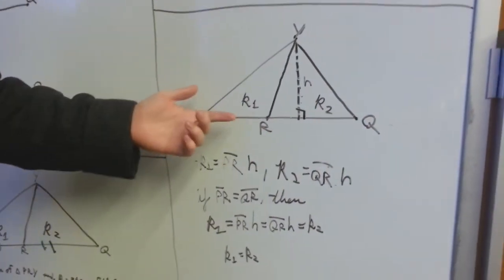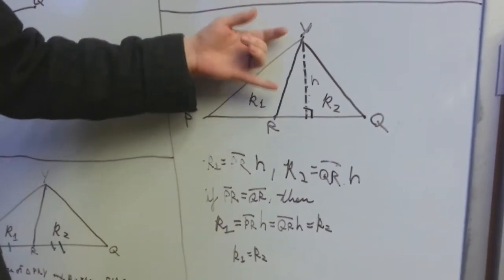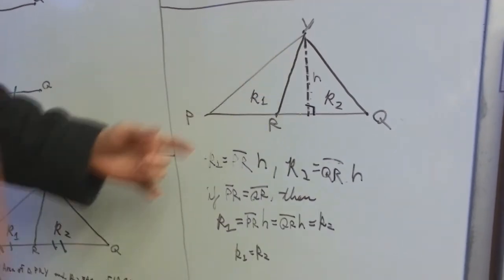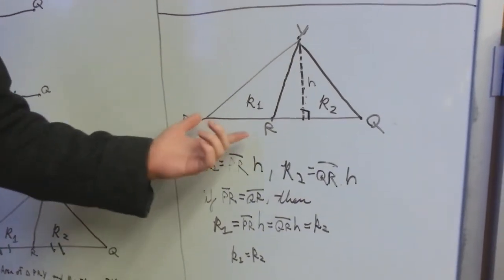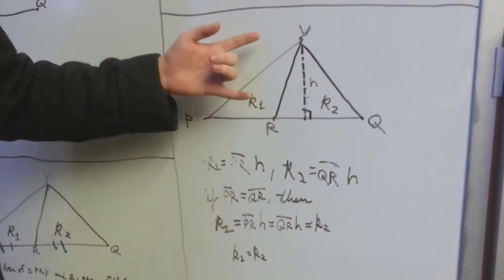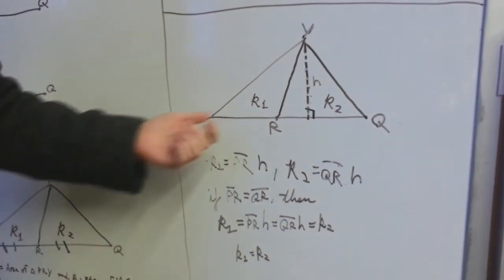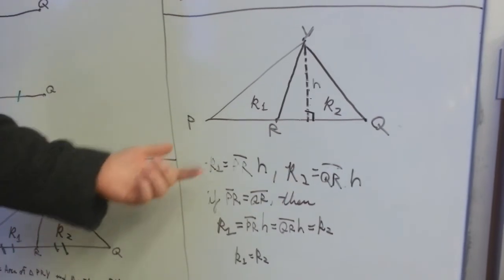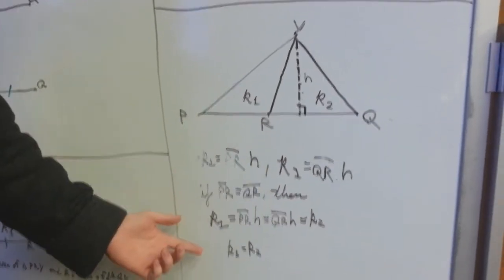And so the height of both triangles is going to be equal to this altitude. So if the bases are equal and the altitude's the same, then the area of each, which is equal to 1/2 times base times height, will be equal.